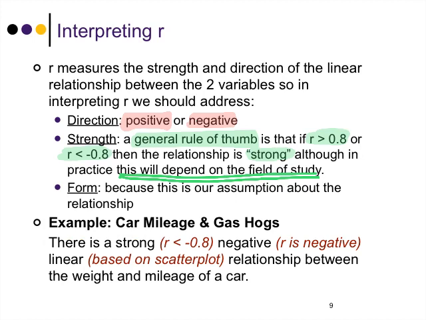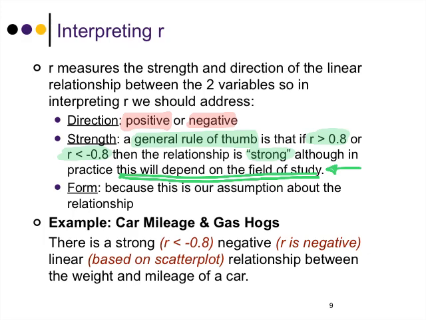You really want to be certain. So for now we're just going to say that if R exceeds 0.8 or is less than negative 0.8, we're going to consider that to be a strong relationship.